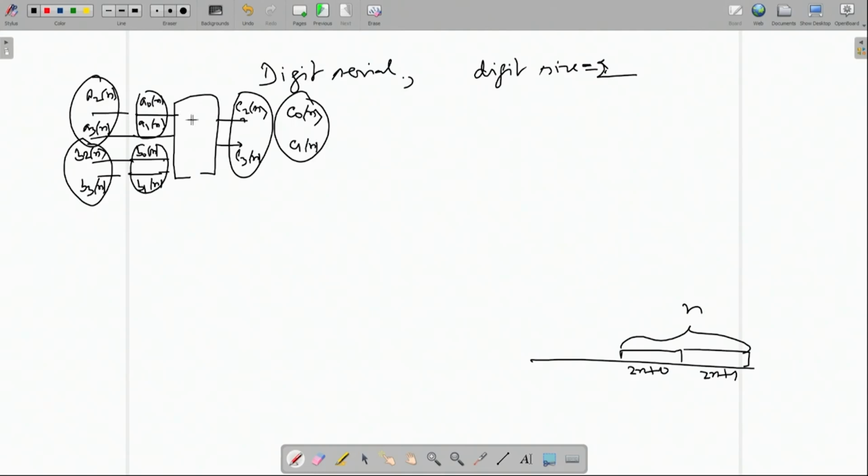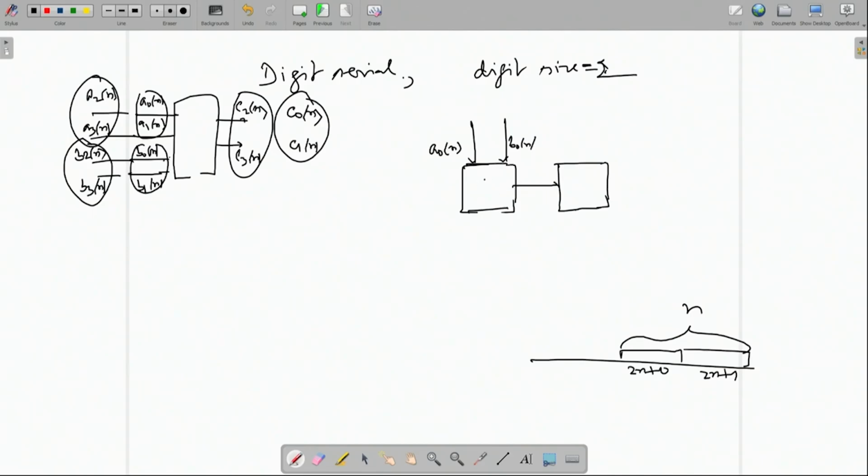You understand there will be one full adder between A0 and B0, another between A1 and B1. So, I need 2 full adders. Here we will have A0n added with B0n.